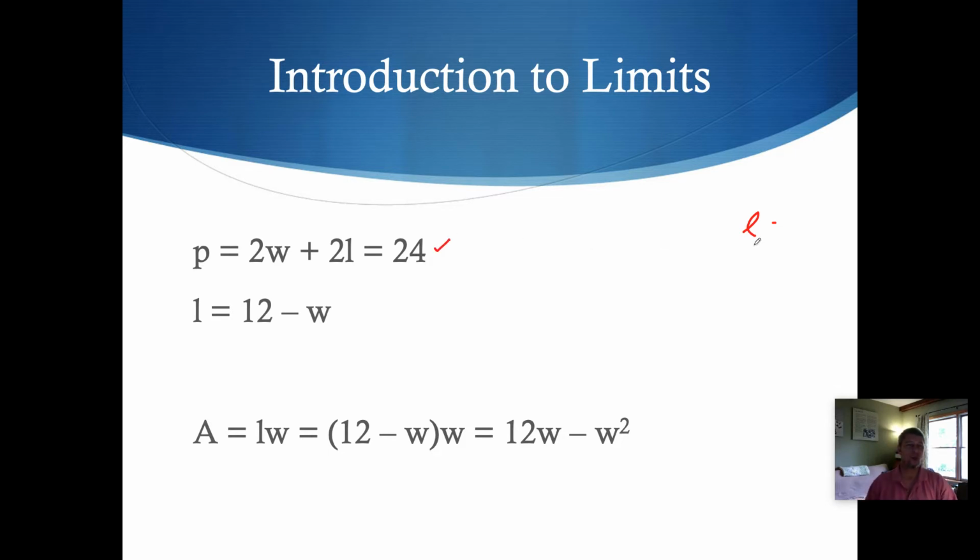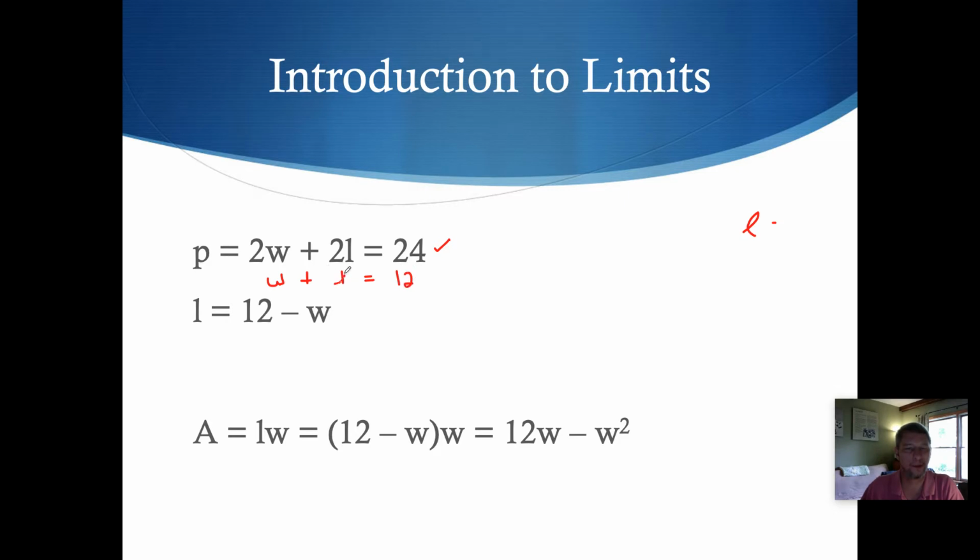So perimeter is equal to 2W plus 2L equals 24, which means if I divide each term by 2, W plus L equals 12.